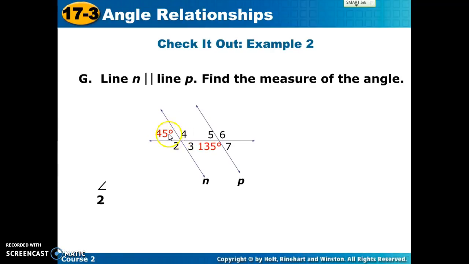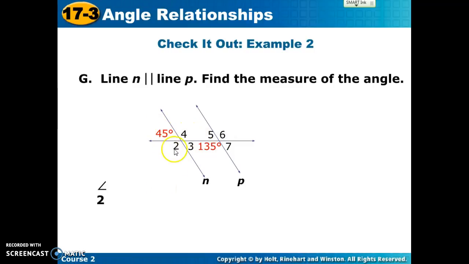All of them. That would be number 1, number 5, number 7, number 3. And all of the obtuse angles would be 135 degrees. 6, 2, and 4. So let's kind of work through these.